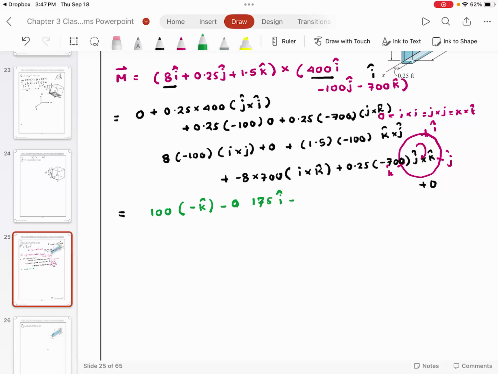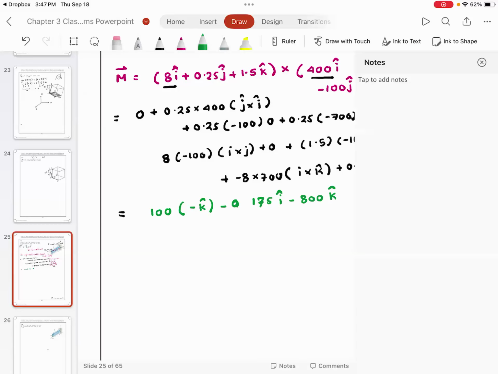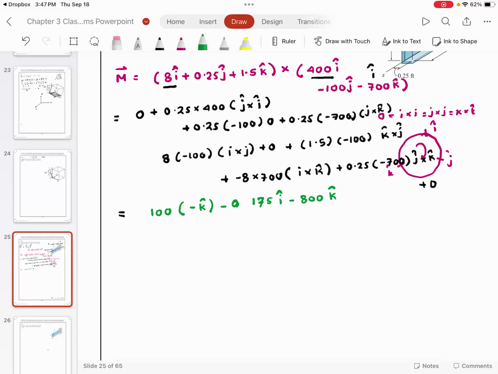Minus 800. i cross j is k. k cross j is minus i, minus 150 i.